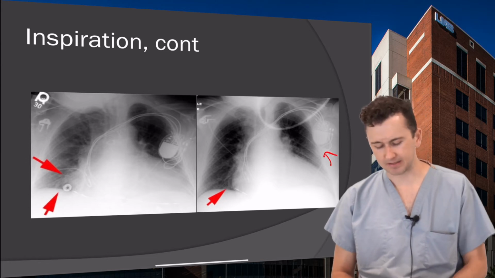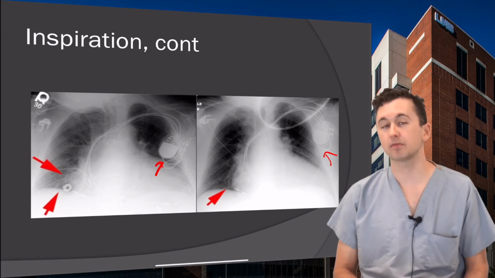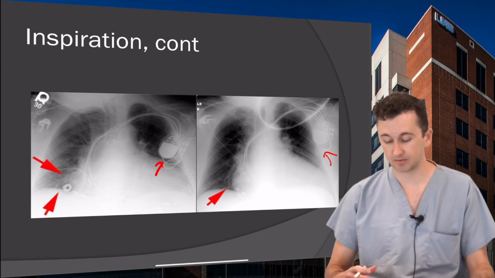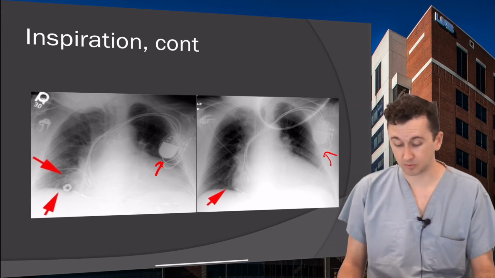And so I don't care so much about ICD in particular, but what I'm showing you is how things can drastically change depending on when you capture the film during the respiratory cycle.